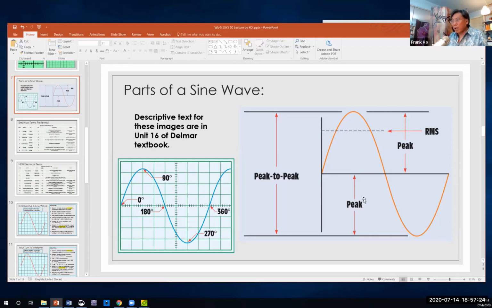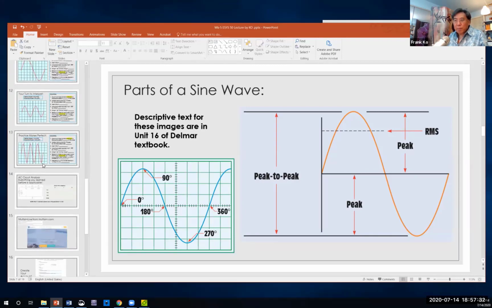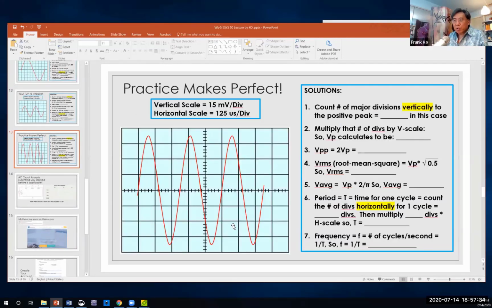On the right-hand side, how many cycles are being shown? One. And then if I were to show you this one here, how many cycles are being shown? Three. I have a starting point, up to a positive peak at 90 degrees, down to 180, down to 270, down to 360.